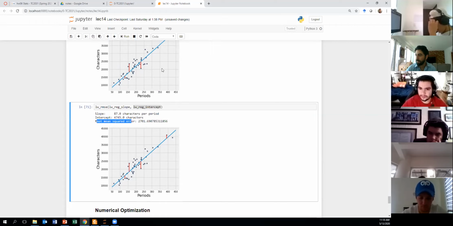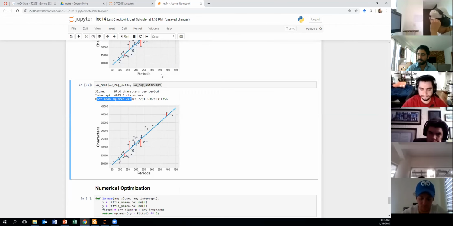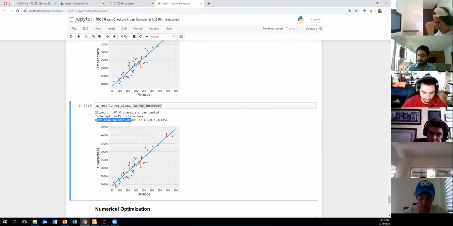So far we talked about different ways that you can look at this regression line. This is another way: your regression line can be basically the line that passes through all your points and gives you the lowest root mean square error. That's another way to look at this regression line.